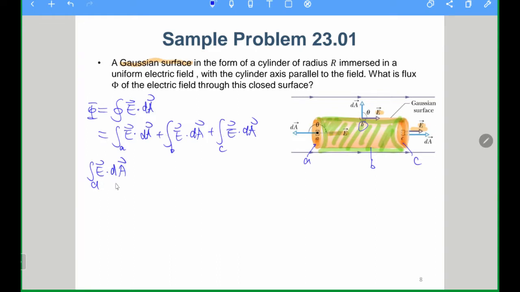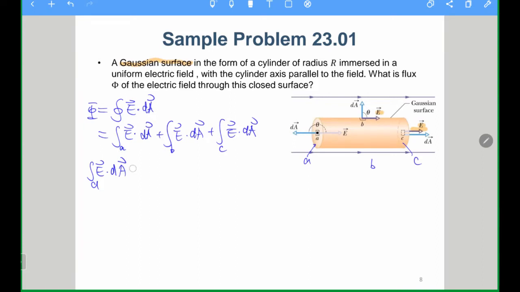For part A, the E field is pointing to the right side. And dA should point to the outside, perpendicular to the plane, which means dA points to the left side.